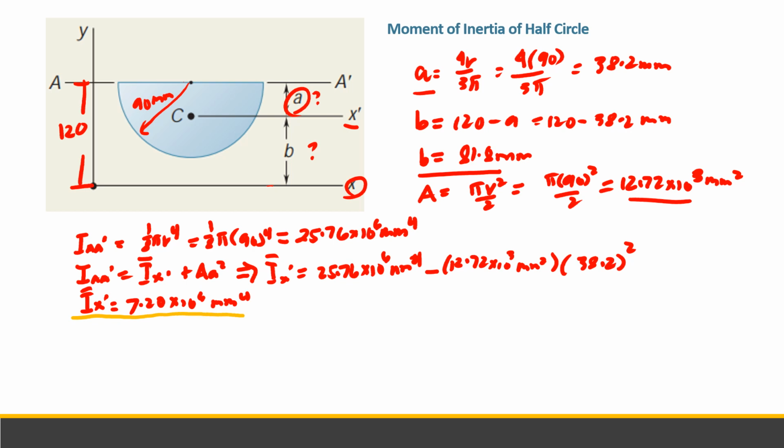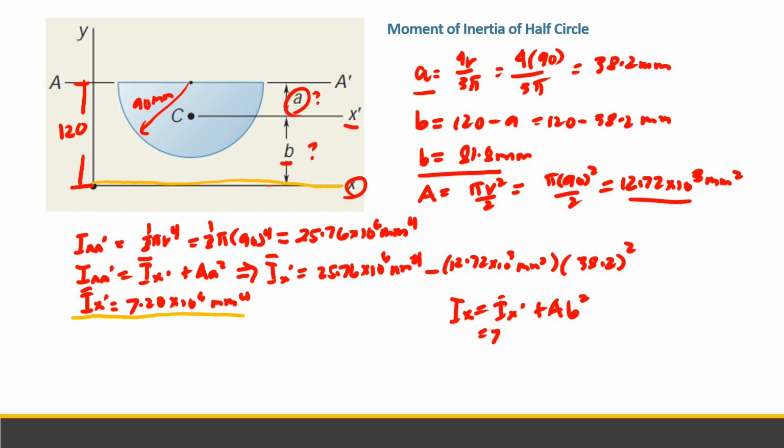But we are looking for the moment of inertia with respect to the x-axis. Okay, so the moment of inertia with respect to x is equal to the centroidal moment of inertia plus A d squared, this time our d is b, so A b squared.